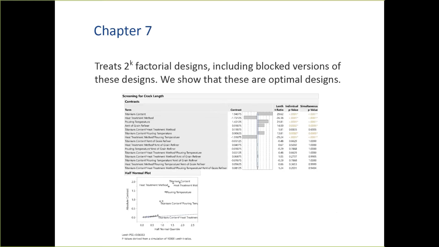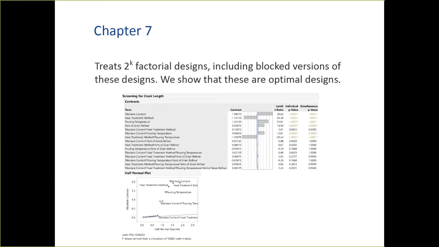Chapter 7 talks about a very special case of the factorial design, and this is where all the factors have 2 levels. These 2 to the k designs, as they're called, are wildly popular, very widely used in industry and in business and scientific experiments because they're efficient.